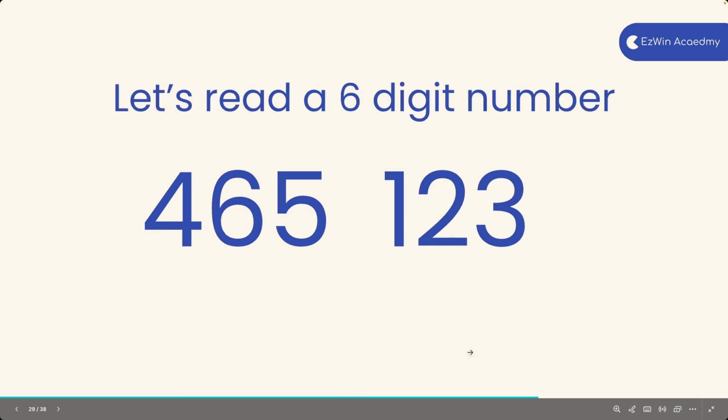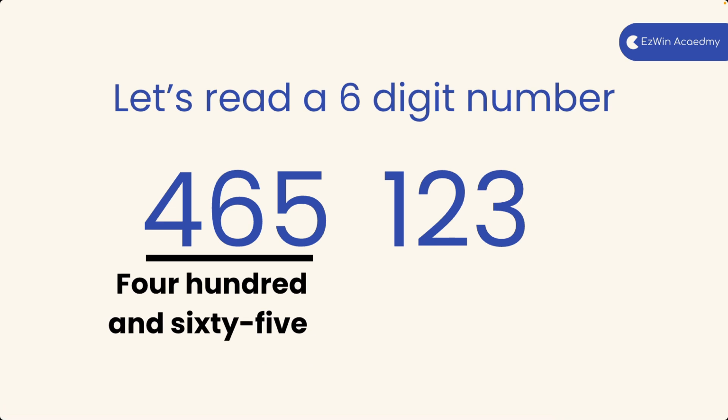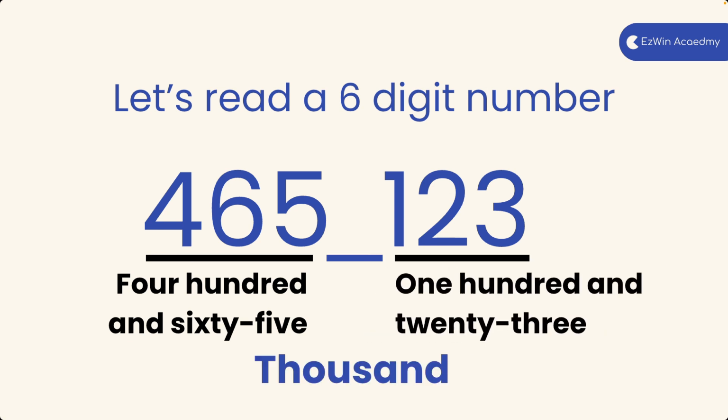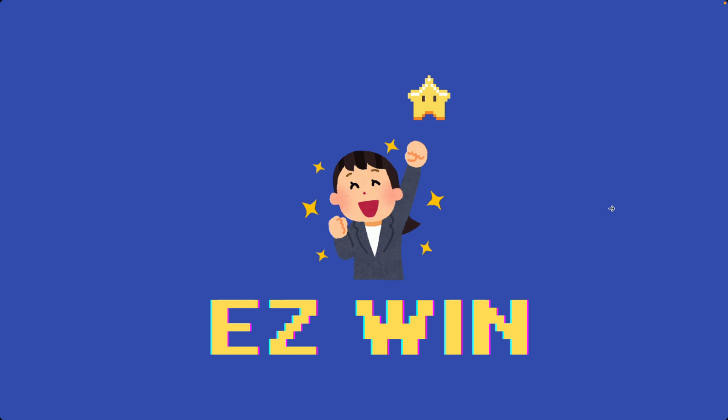Now, if we read this 6-digit number, we will say 465, and at the thousand space, we say thousand, and lastly 123. So the whole 6-digit number is 465,123, right? And that is an easy win right there.